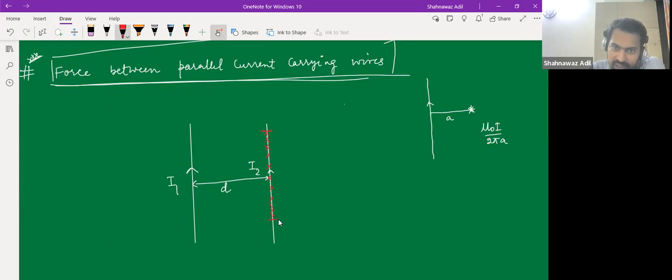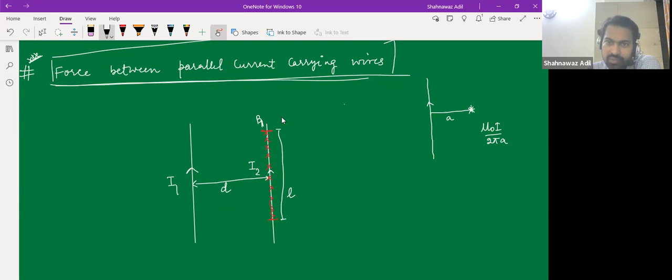Let me take this length. So this is B1, the magnetic field due to this one wire. Is this clear up to this point, guys?